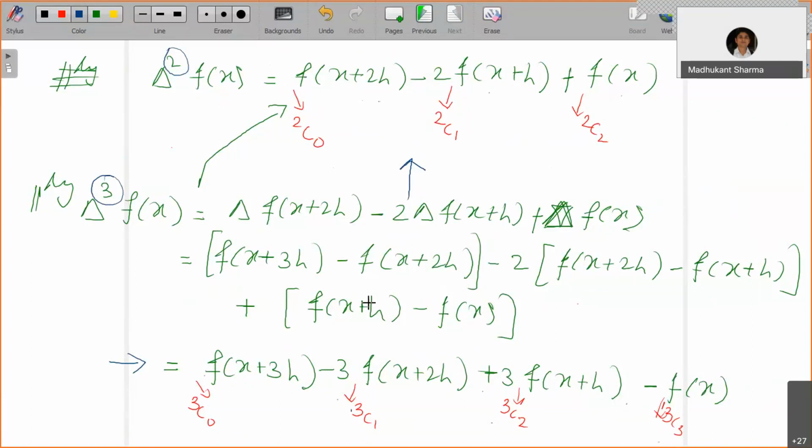Since 3 is odd, you end with the negative sign. If 2 is even, you end with the positive sign.